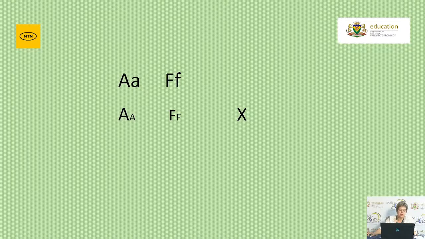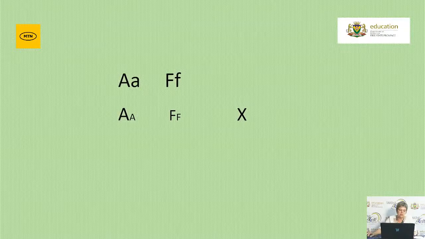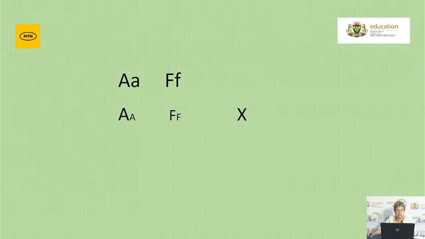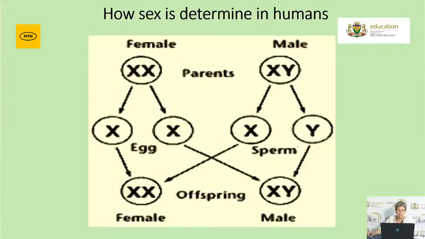So it will be wrong if you use a capital letter A and just a smaller capital letter A. So use the letters that I give you and write them as a capital letter and a small letter.